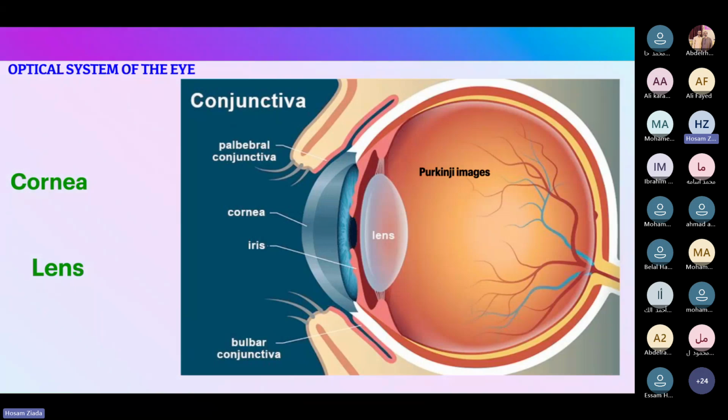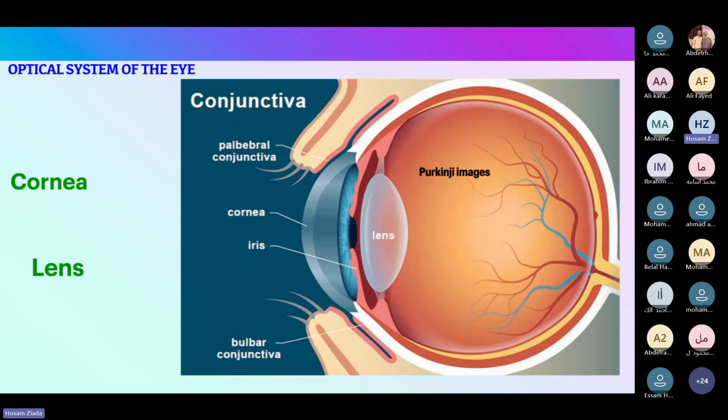lighted candle, you will see images of it on the ocular surfaces. How many images of this lighted candle will be seen? Count with me. The front surface of the cornea, one.